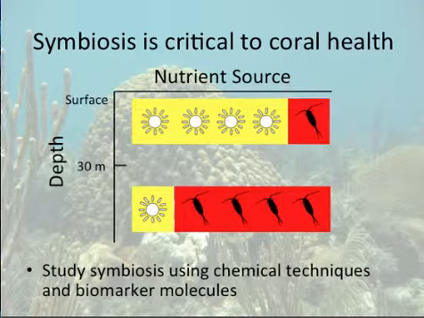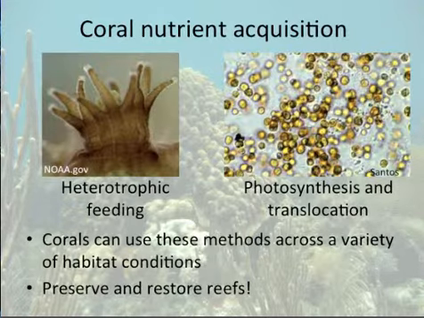So the focus of my research is to look at symbiosis using chemical techniques and biomarker molecules in order to understand where nutrients are coming from in various corals that live on the reefs, and try to understand why some corals are healthier and can live in a variety of habitats. So, nutrients.